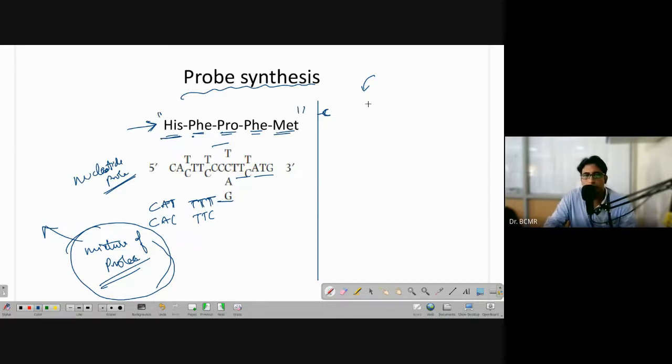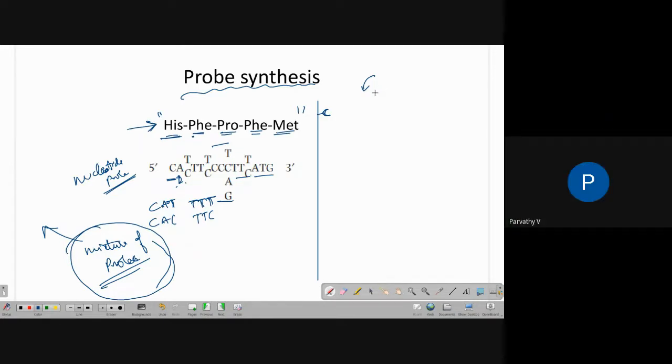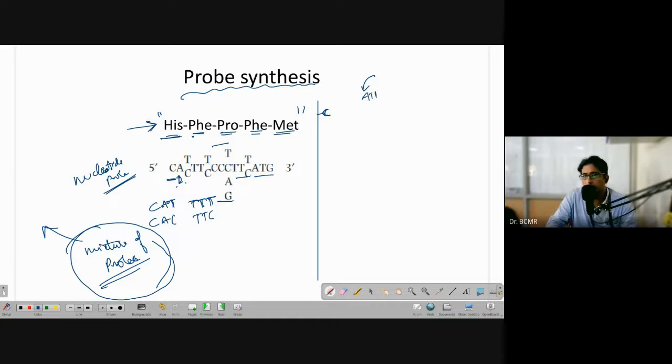So what mixture should I get? Next, the second base is adenine, right? So I will add, yes, please, go ahead. What should be added? Adenine, sir. Yes, ATP with the locked 3' OH we should add. So A will get polymerized here or added on, and then we will wash.